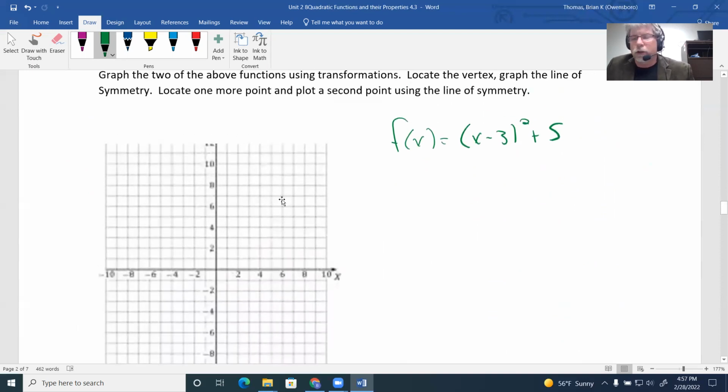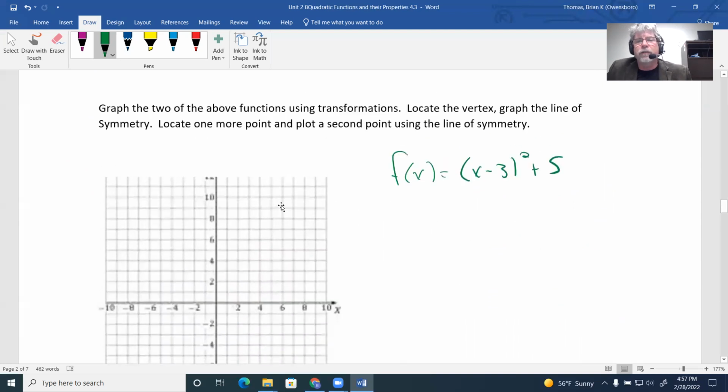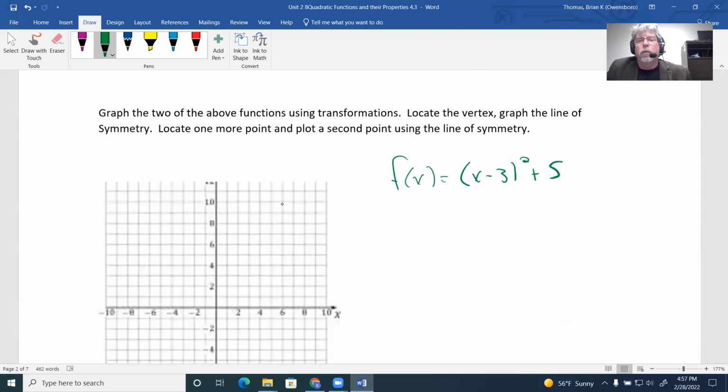So remember, in graphing these functions, we want to also find a few things. What we want to do here is graph by locating the vertex. We also want to identify the line of symmetry. So the vertex is going to be 3, 5. Now remember, the axis of symmetry.